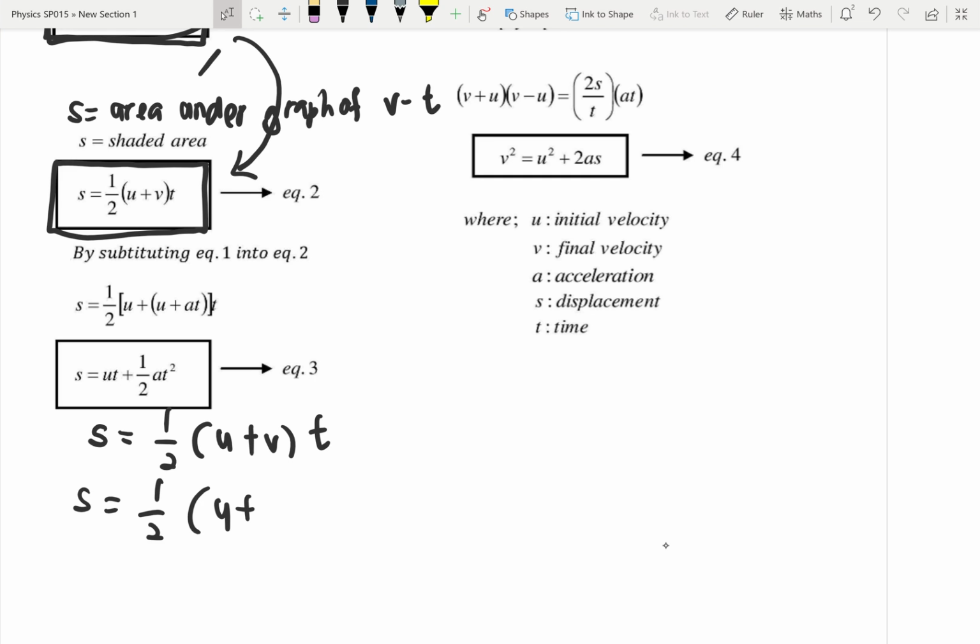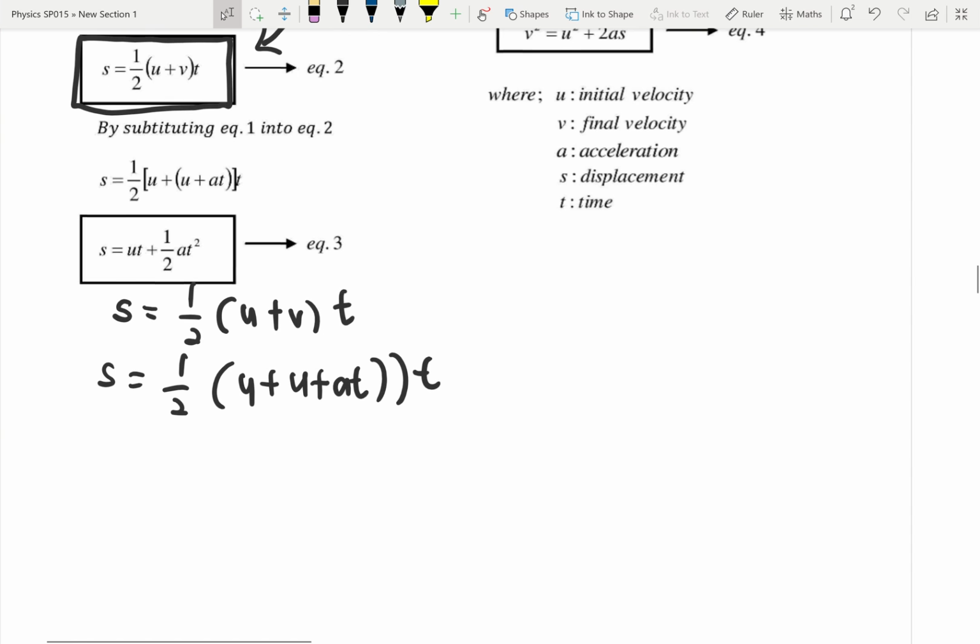So substitute v in terms of u plus at, times t. Simplify: u plus u equals 2u, and then at.